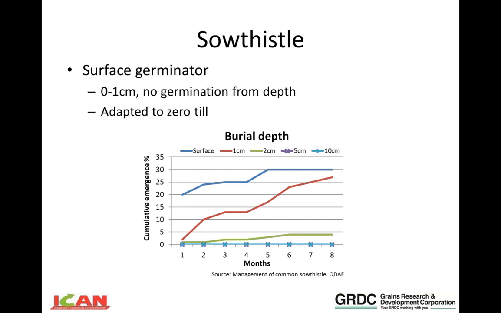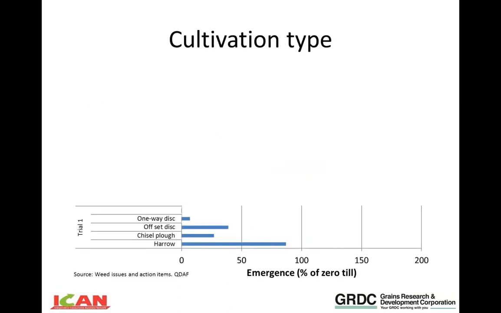Less than 5% of the seeds germinated from 2 centimetre depth, and no seeds emerged from depths greater than this. So the main point here is that the seed is adapted to emerge from at or near the soil surface, meaning that the species is favoured by low or minimum tillage systems. Now, for the next 2 slides, I'm just going to hand back over to Michael. He's going to discuss some research he was involved with on cultivation and seed burial.